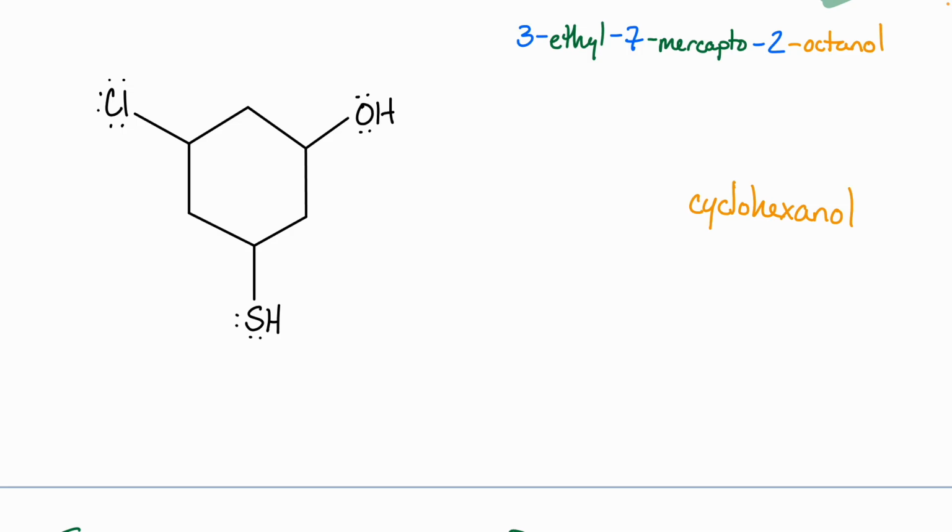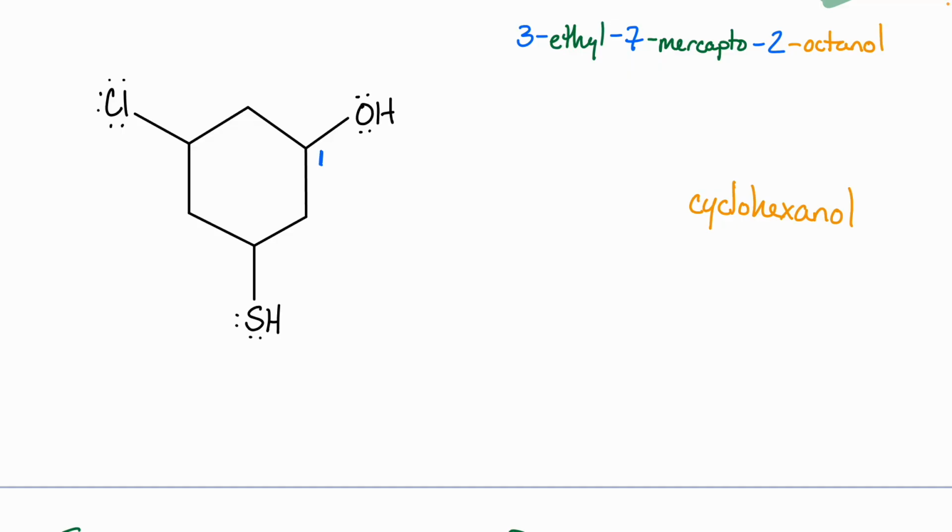Where is carbon 1 in this molecule going to be? That OH group carbon. And that's always going to be carbon 1, right? Because that's my functional group in my molecule. So I don't put that 1 in my name. Just by saying cyclohexanol, I know that that hydroxyl group is on carbon 1. So it's not 1-cyclohexanol, it's just cyclohexanol, all right?